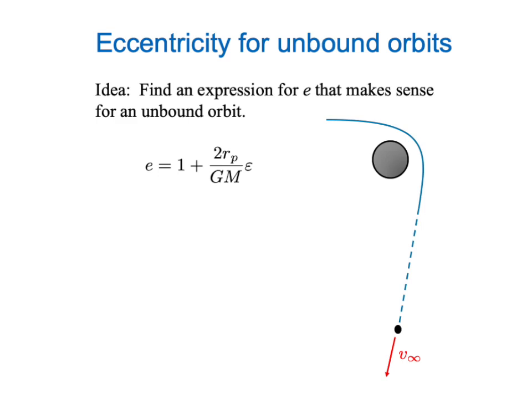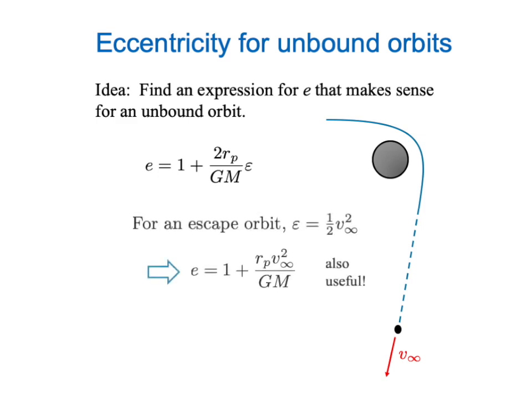And that asymptotic speed is related to the energy of the escape orbit by the fact that that energy is just 1/2 asymptotic speed squared. So that means we can write a second relation, also useful, that relates the eccentricity of the orbit to the asymptotic speed, the speed very far away from the planet, and the distance of closest approach, the paracenter radius.